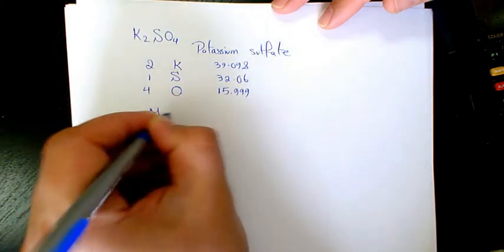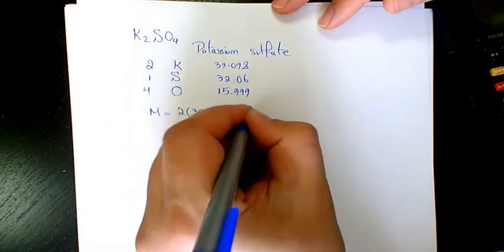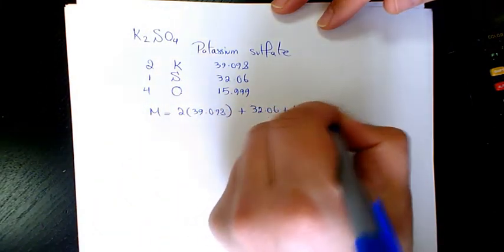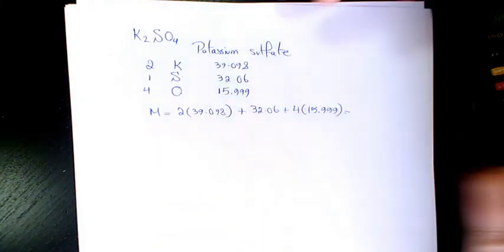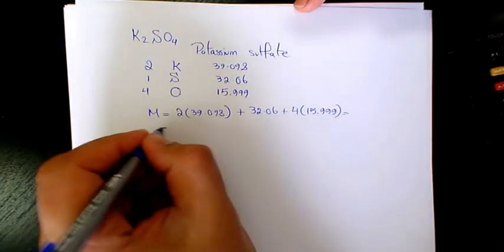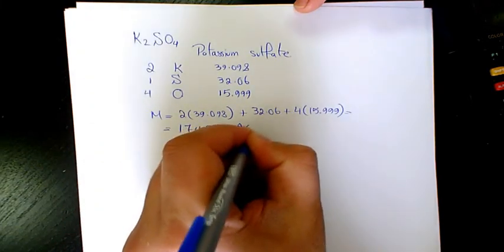So molar mass is going to be 2 times 39.098 plus 1 times 32.06 plus 4 times 15.999. That's how we can find out the molar mass of potassium sulfate. So that gives me 174.252 grams per mole.